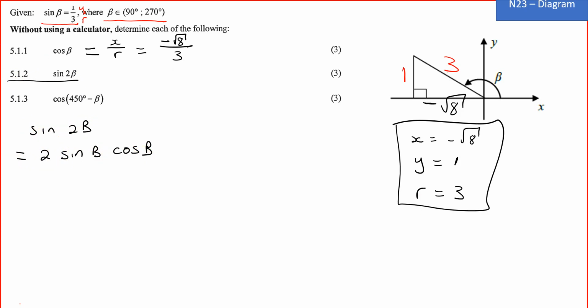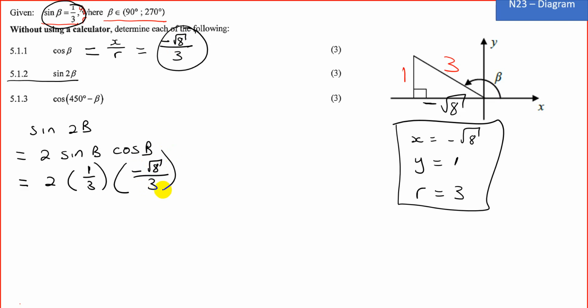Then we're going to substitute the value of sin beta and cos beta from our diagram. Sin beta was given, or you could say it's y over r, which is 1/3, and it's given on the top. And cos beta we found in the previous question, which is minus root 8 over 3.